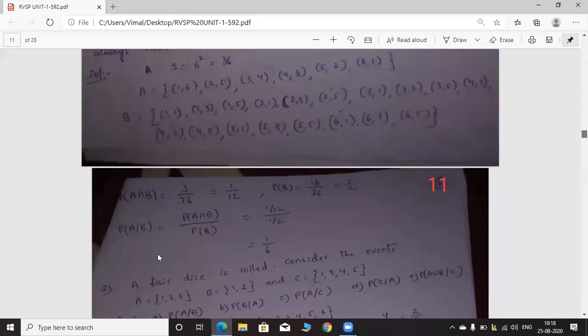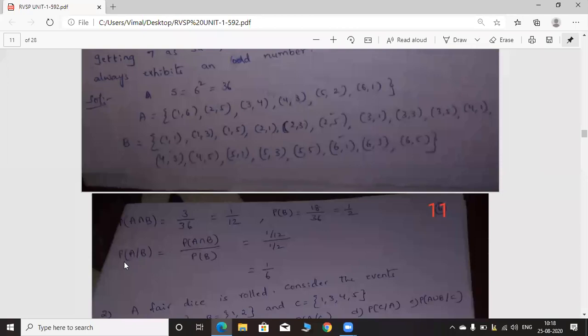See the remaining problem. First, for calculating probability of A given B, we have to calculate probability of A intersection B and probability of B. Okay, then only we can substitute in the given formula or available formula. So what is the value of probability of A intersection B?